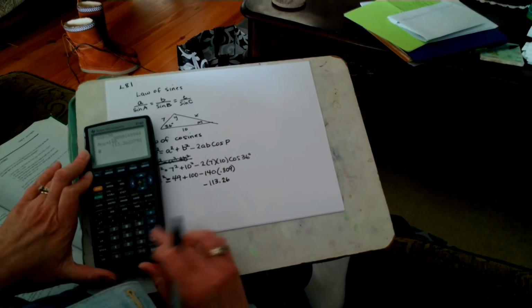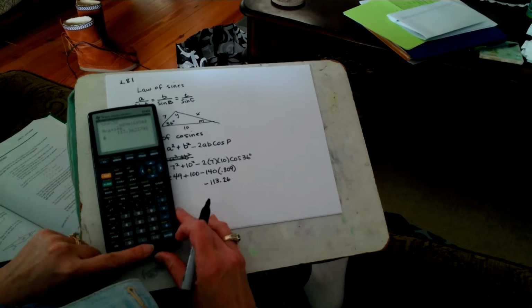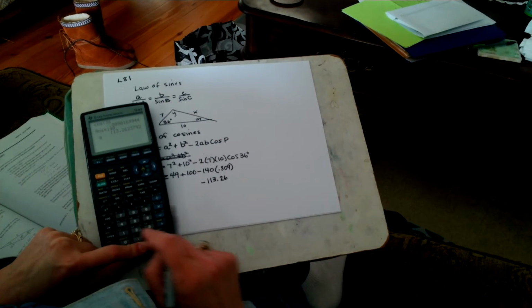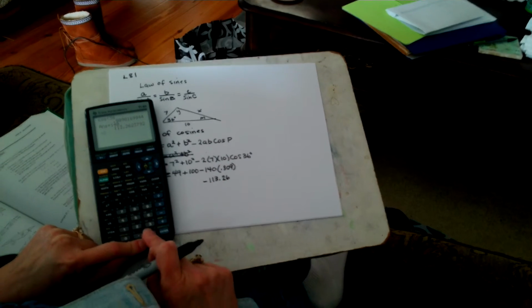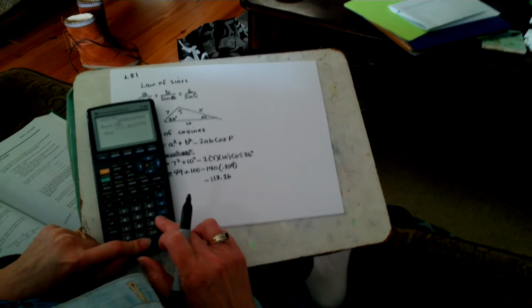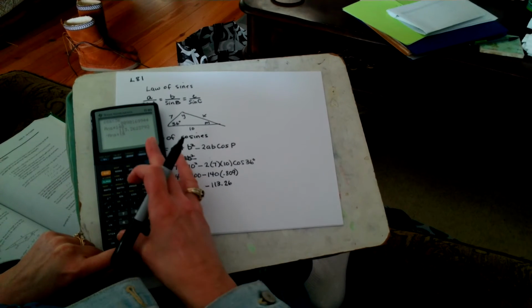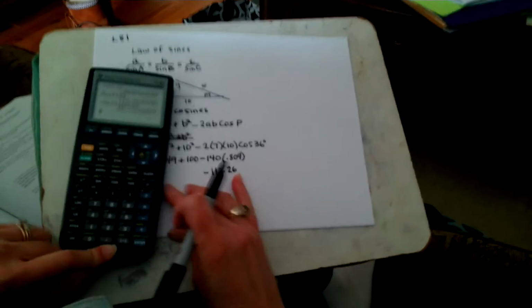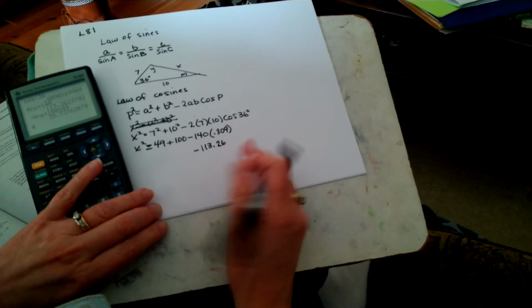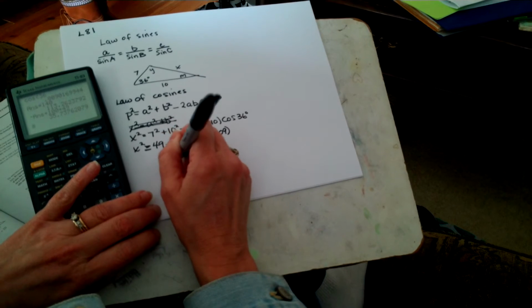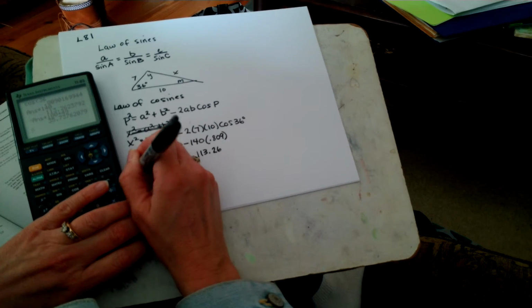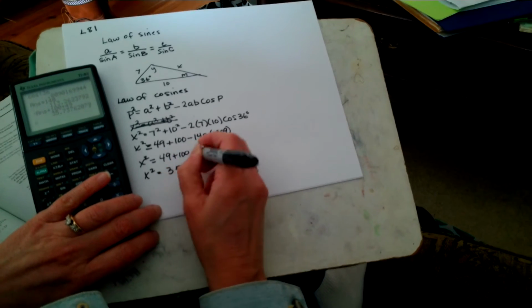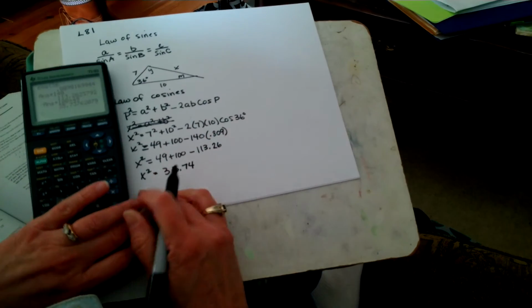and I get 113.26, and I make it negative. And I add 100, and I add 49, and I get x squared is equal to 35.74.